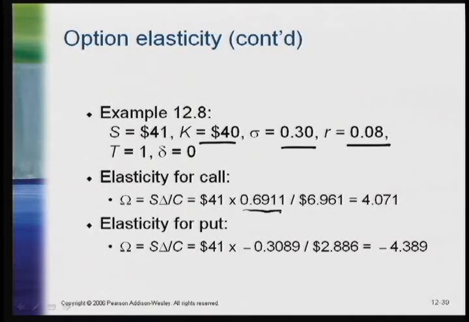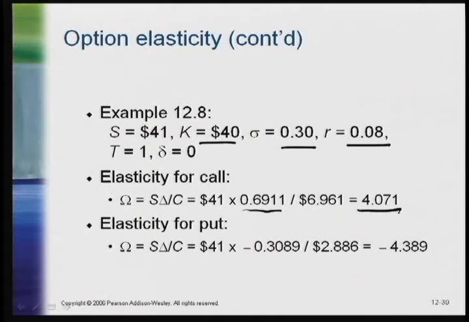But the elasticity is quite a bit different. It's the ratio of prices times delta. And we see it's 4. In other words, what we're saying is that if the price of the stock changes 1%, so that would be from 41 to $41.41, the option price will then change a little more than 4%.